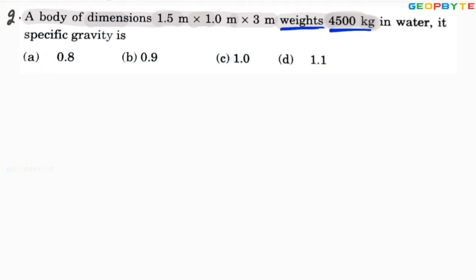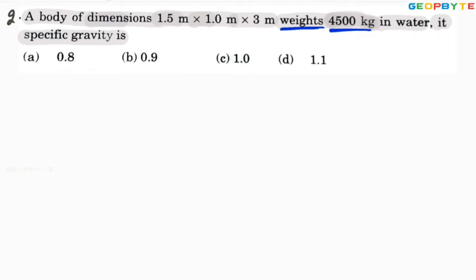Based on the unit, you need to decide what the given value is. Since kg is the unit of mass, the given 4500 kg is the mass of the water. You are asked to find the specific gravity of water.